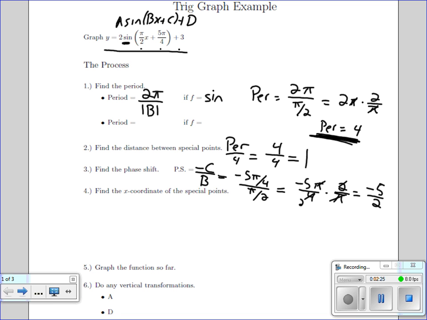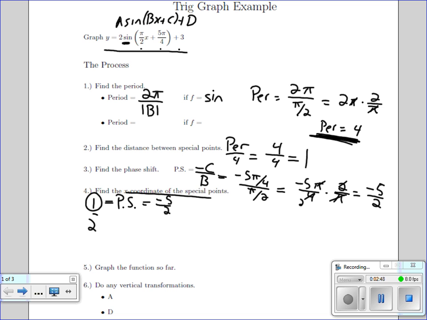That's the phase shift, which is where the first special point of the graph moves to. So our next step is to find all of our x-coordinates. The x-coordinate of point number 1 is just the phase shift, which we just determined was negative 5 halves.